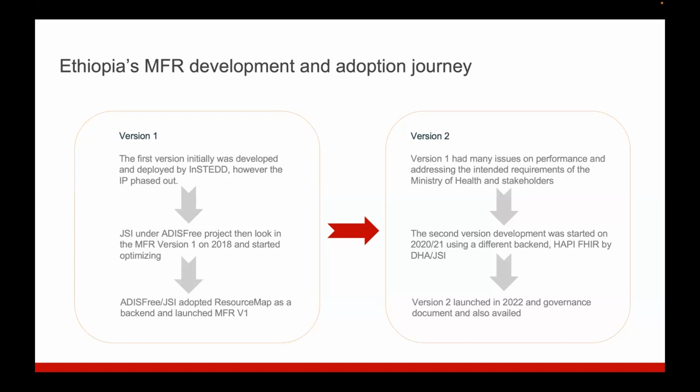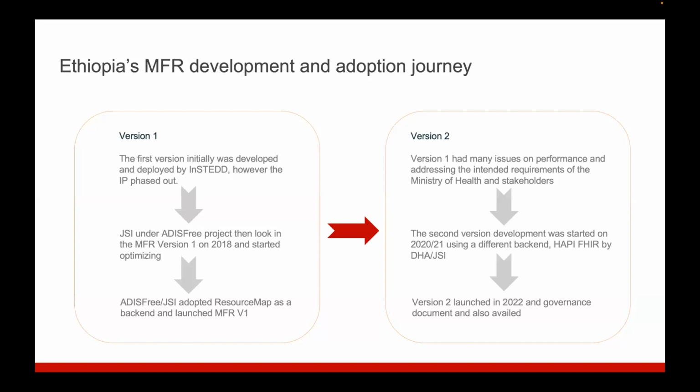Because MFR is a key digital tool within the e-health architecture, it needs to be user-friendly and interoperable, a system that shares facility data efficiently and effectively with other subsystems. So we had to change the backend to HAPI FHIR, which is a data exchange standard, one of the HL7 standards, to share and exchange data among digital health tools easily.